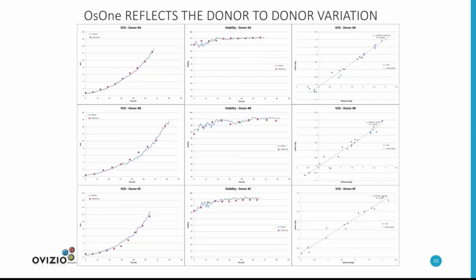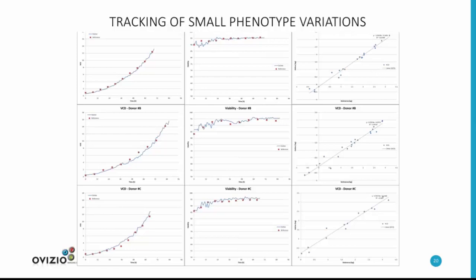What you see on this slide is the results of 3 different experiments with 3 different donors. And there you can clearly see that not all processes are alike, but every time, the results generated by OS1 or by the reference method are very comparable to each other, and our R squared scores are very close to 1.